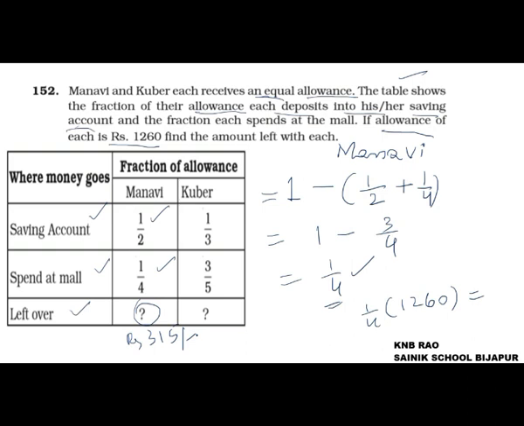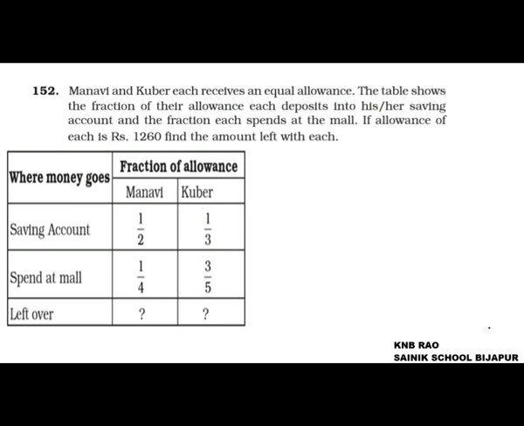Next, coming to Kuber. In the case of Kuber, in the same way, if he gets one full, 1/3 he is saving, and 3/5 parts he is spending at the mall. Now the sum of this: 15, the LCM of 3 and 5.